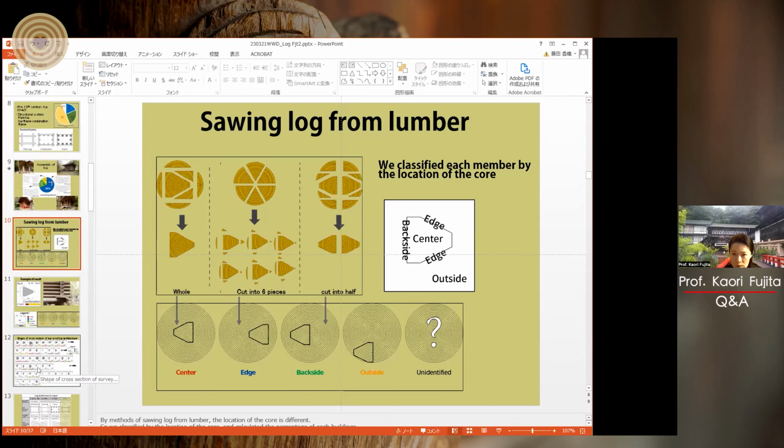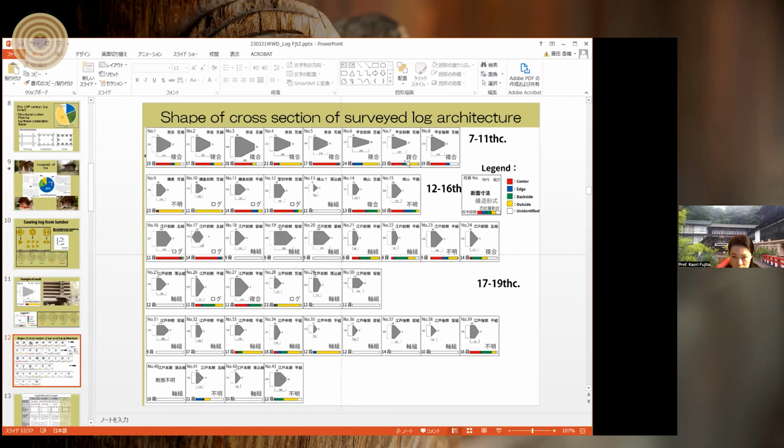Yes, and the point of view of the forest is also very important, because in the earlier stage, 7th to 11th century, there was a lot of cutting of forest in Japan to make new Buddhist temples and palaces. So the deforestation was very severe until the 11th century, until about the 12th century.